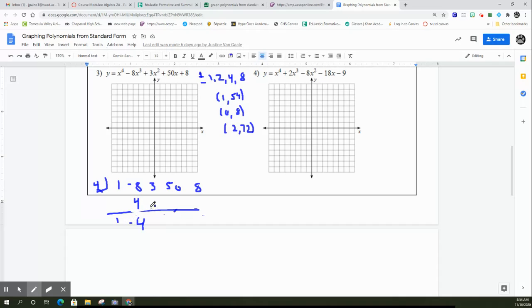Negative 4, negative 16, negative 13, negative 52, negative 2, negative 8, 0. So 4 worked. Okay, so 4, 0.